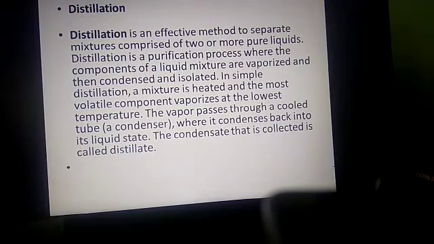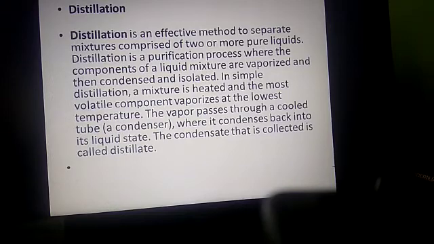So condensation can be defined as a process by which gas changes into liquid. And distillation can be defined as a process of boiling liquid, condensing the vapor and collecting the condensed liquid. The water obtained through distillation is free from solid impurities and can be collected in another container.